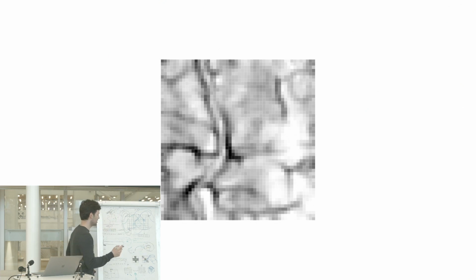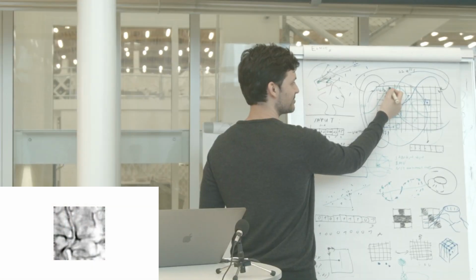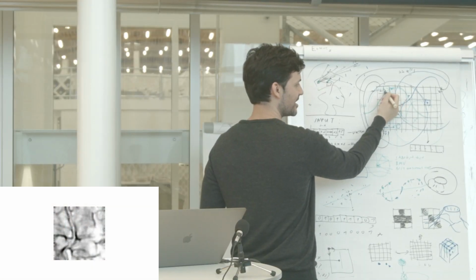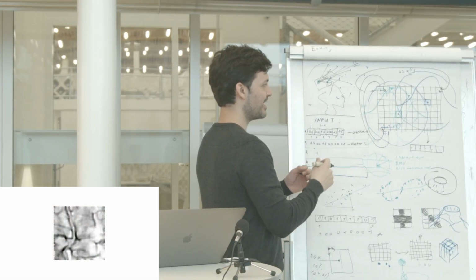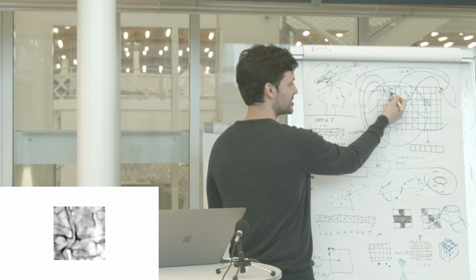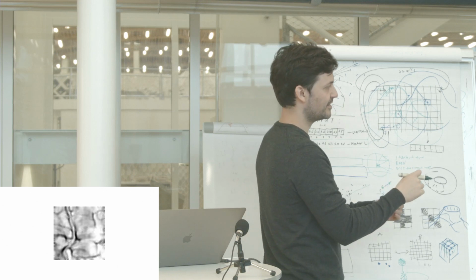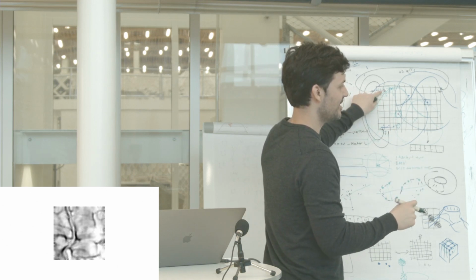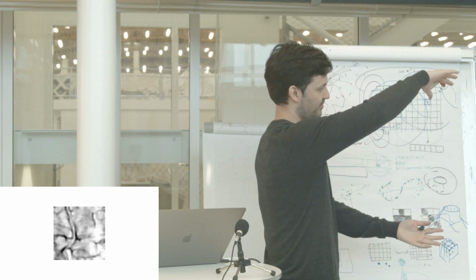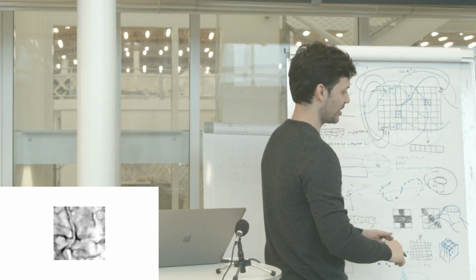For each of the cells represented here, I calculate the distance between it and its neighbors, and I make an average of the distance between each cell and its neighbors. If this number is high, this means that this particular cell is far away from its neighbors, so kind of elevated, like a ridge.